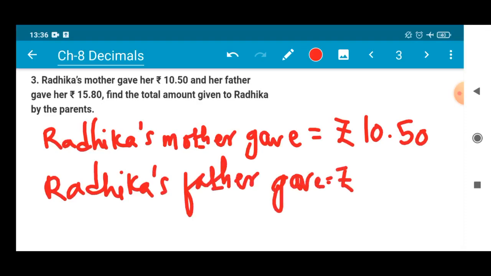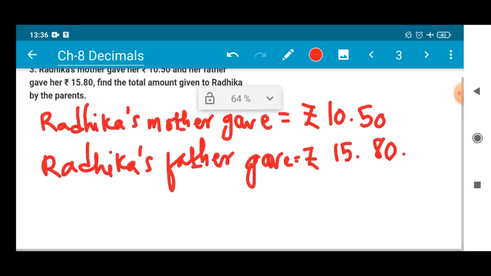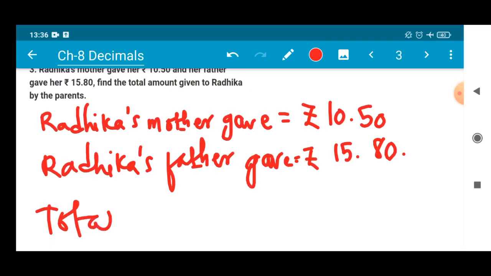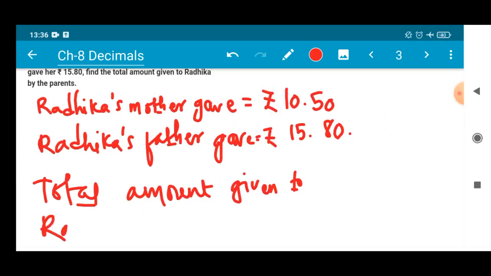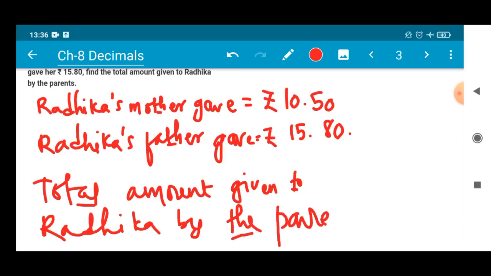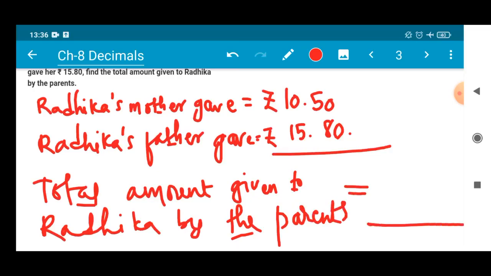Rupees 15.80, right? And now you have to find the total amount given to Radhika by the parents will be equal to, you will add these two and you'll write the value over here.